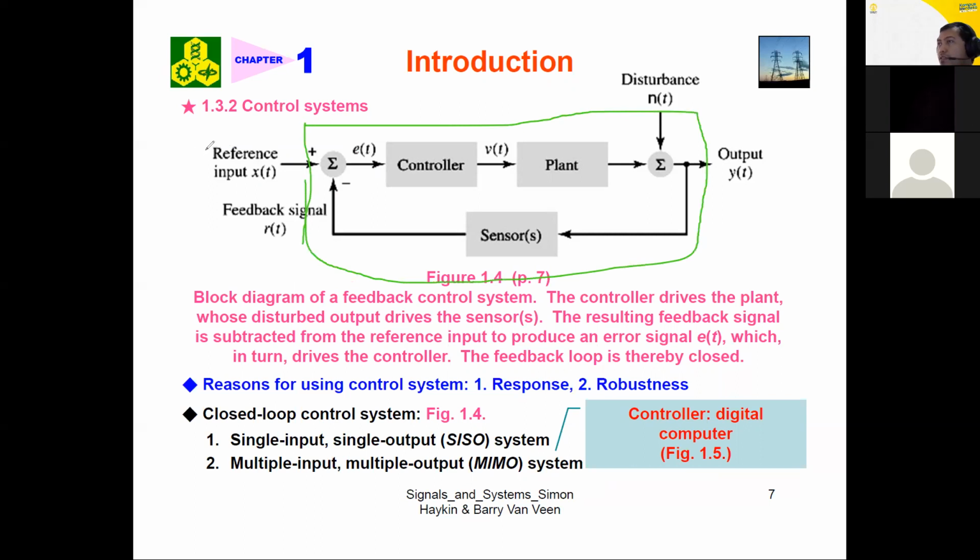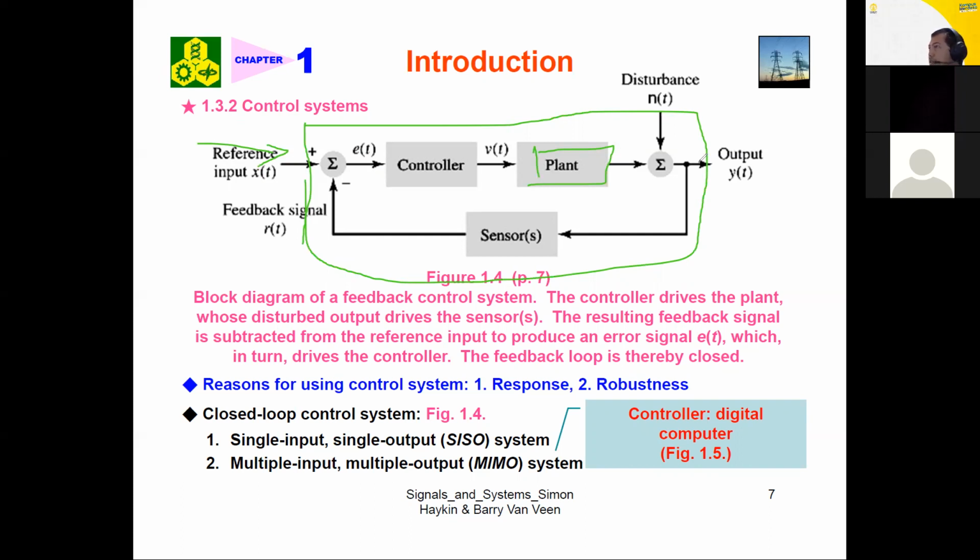Usually, the control system has an input or multiple inputs, and then this input will be processed in the controller, and this controller will feed into the plant. The plant is the object that we want to control actually.